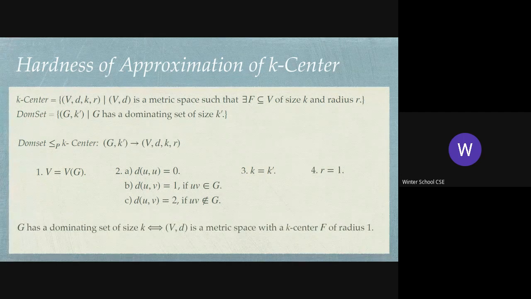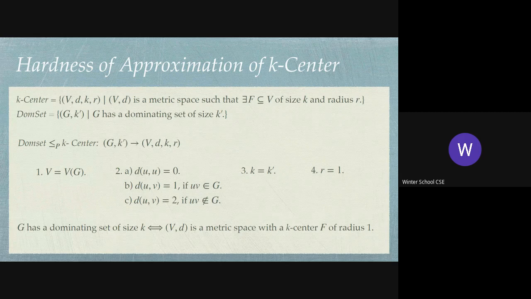For this reduction we can say that G has a dominating set of size k if and only if (V, D) is a metric space with a k-center of radius 1. Suppose G has a dominating set of size k. Then we know that there will be a k-center of radius 1.